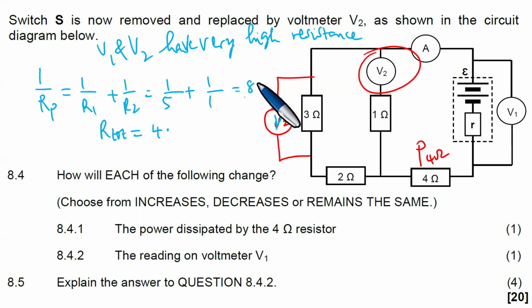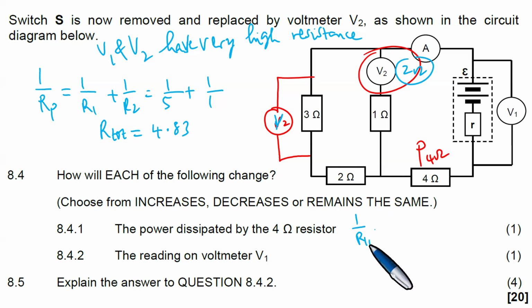It was 4.83. So let us reason together and make sure you understand what is happening here. It was 4.83 with this one, but now we add something. Let's assume this one is 2 ohms.